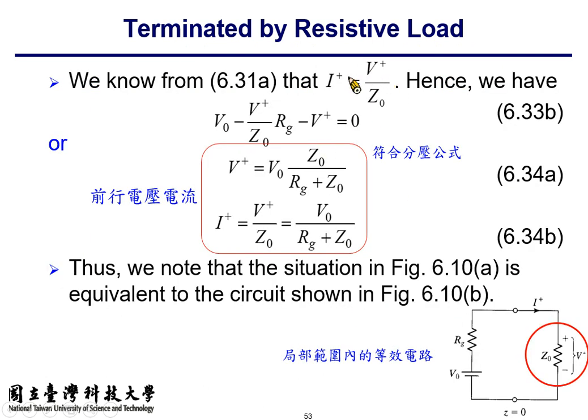V plus is I plus times Z sub 0. So by substituting I plus with this, you end up with these two equations. V plus is V sub 0 times Z sub 0 over RG plus Z sub 0. So providing that you know the characteristic impedance of the transmission line as well as the internal resistance of the generator RG, then you will have V plus.